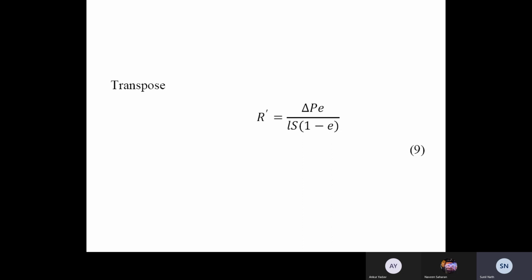Okay, so if I knew R prime, I can figure out what is the delta P across that bed. And of course, I need to know what the velocity is. And the velocity on the x-axis is always taken as small u, which is the superficial velocity. Okay, while the velocity on the y-axis is u1, which is u divided by porosity epsilon.